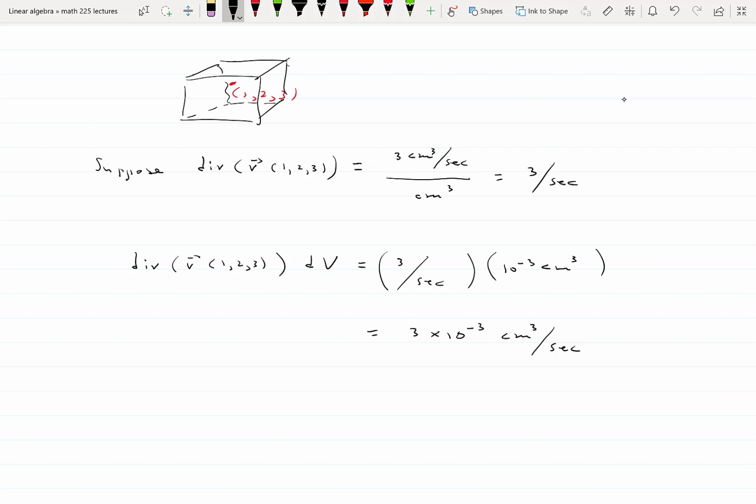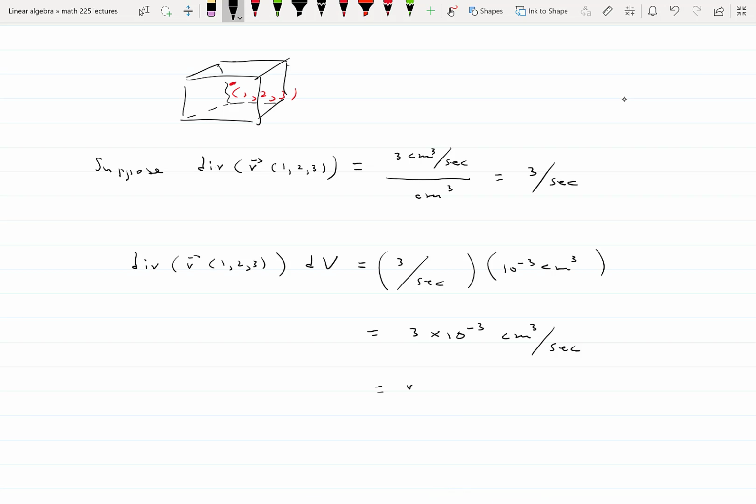The divergence of a velocity vector gives you the rate at which fluid leaves a small box per unit volume times the volume. So if you multiply that divergence times the volume of a very small box, you get the net rate at which the fluid leaves that box.